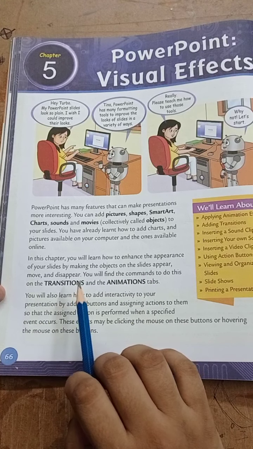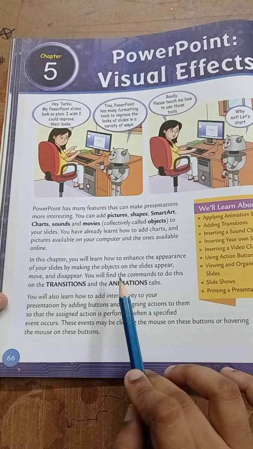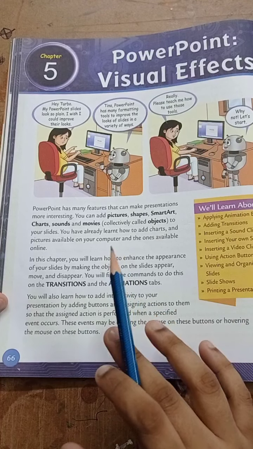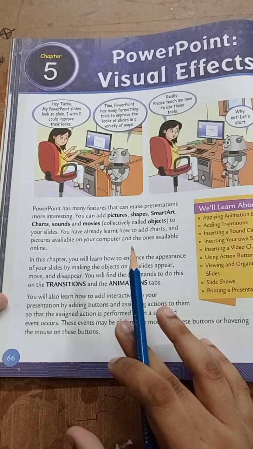You will find the commands to do this on the Transitions and Animations tabs. So with the help of the Transitions and Animations tabs, we make our slides more attractive.